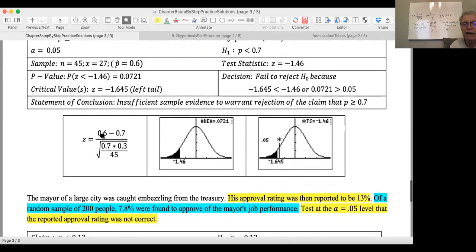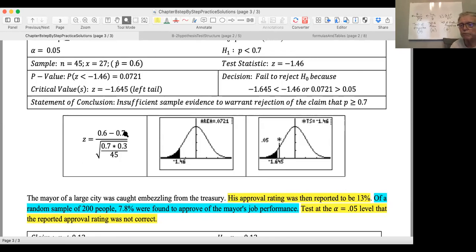And we take the P hat of 0.6, subtract the assumed value of P as 0.7, and divide that by the square root of P, again 0.7, times 1 minus P, which is 0.3, that's Q, divided by 45. Now, if you're doing this on your calculator all at once, you need to put parentheses around the top.